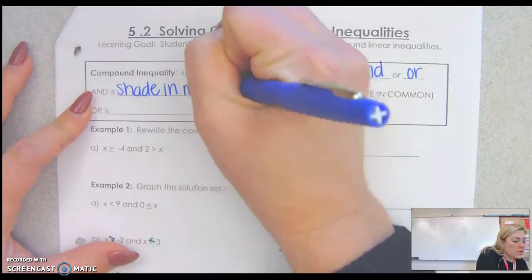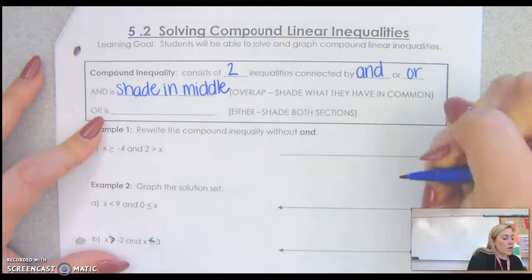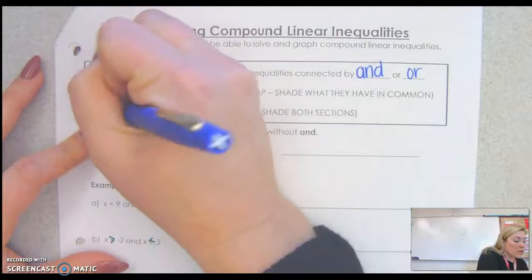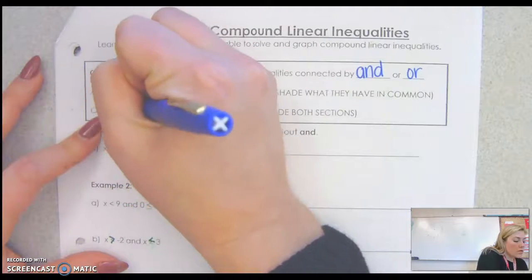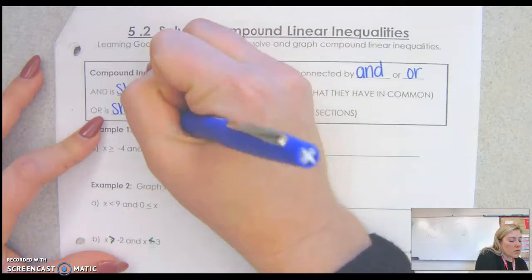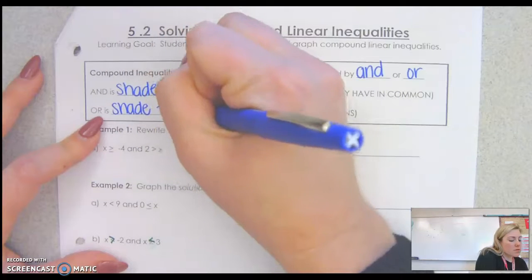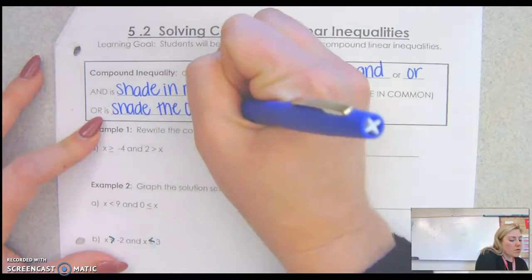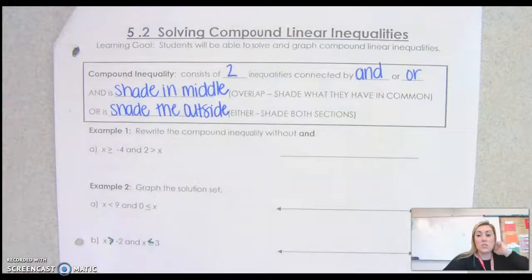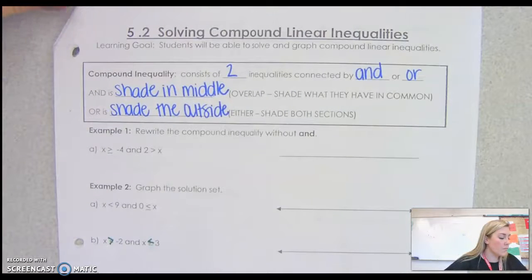And or is when you shade the outsides. That'll make sense in just a minute, and you'll see more about this when we go over some examples.